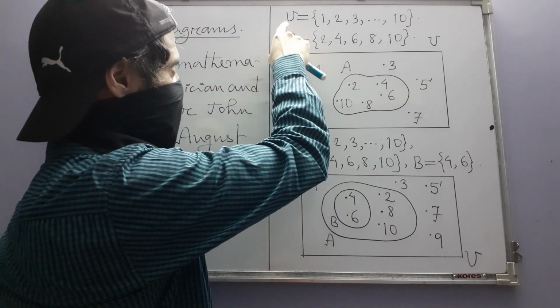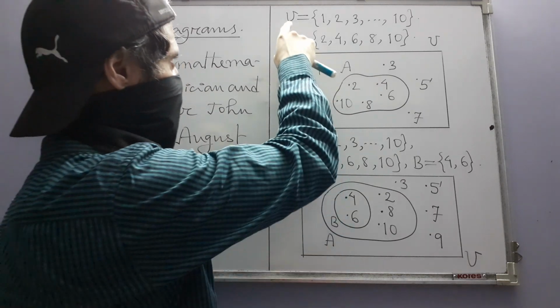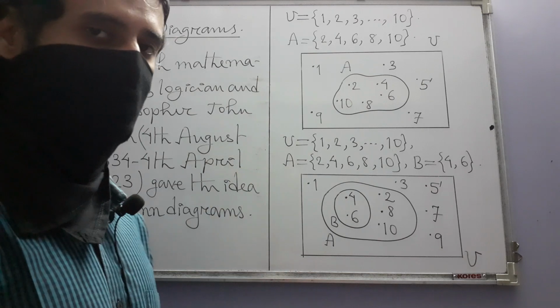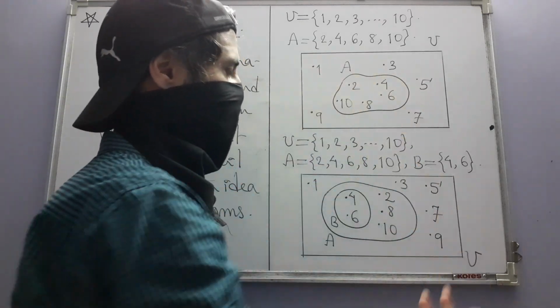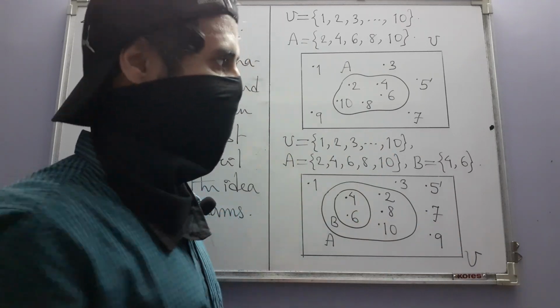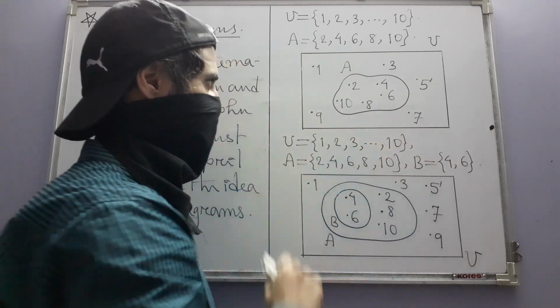So in the discussion where these two sets are the only things we are discussing about, you can think of U as the universal set because A is a subset of U. In other words, your ingredients of discussion are all within U. So U is a universal set, and that's why it is expressed by drawing this rectangle.